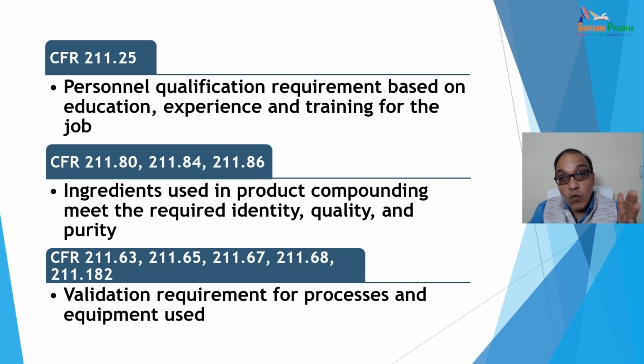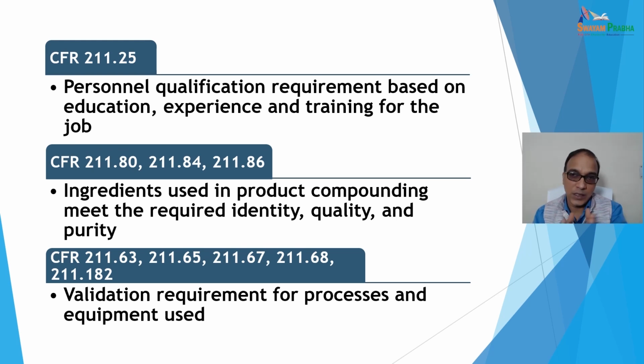CFR 211.25 describes the personnel qualification requirement based on education, experience and training for the job. CFR 211.80, 211.84 and 211.86 provide that the ingredients used in product compounding meet the required identity, quality and purity.